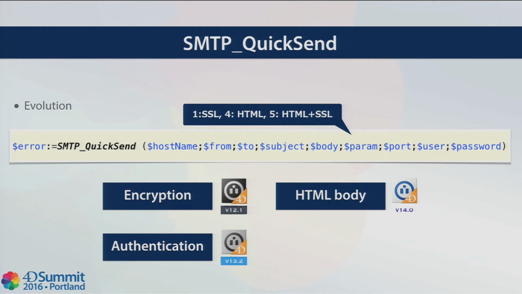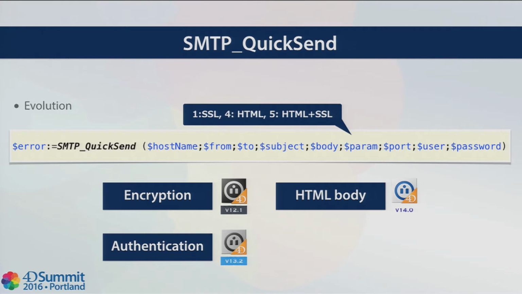So there's a difference. It no longer means don't use SSL. That value has been shifted to, it's not on the slide, but number 2. So now, since version 14, 1 means use SSL, 2 means don't use SSL, 0 means let the server decide.